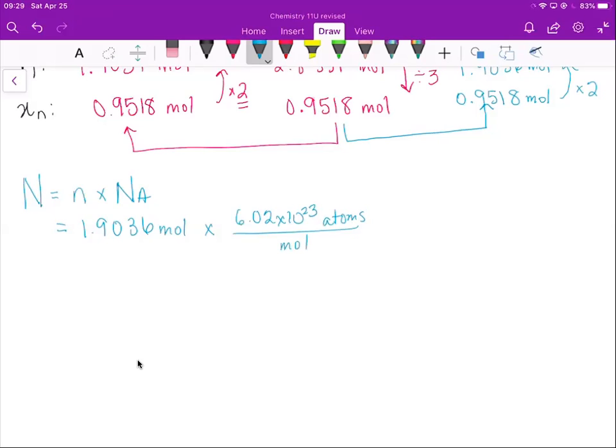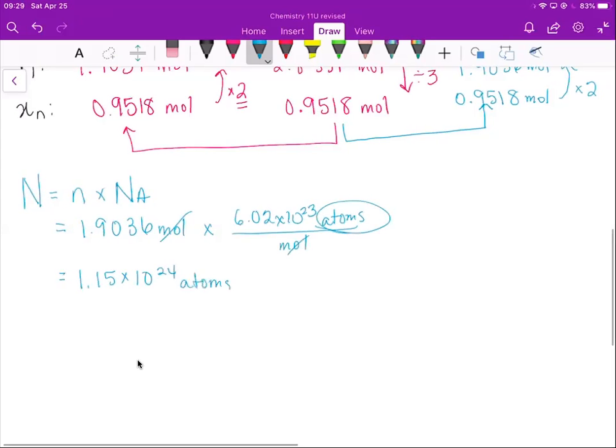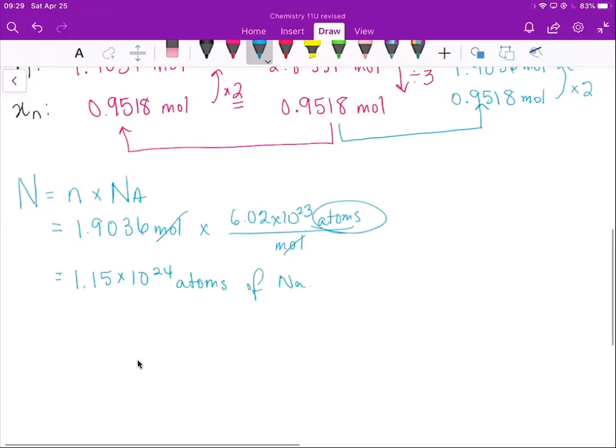I'm doing atoms per mole because that's the unit for Avogadro's number in this case. And I love unit conversion, which is you get rid of the units. And so now I can cross out, I know for certain that I'm calculating the number of atoms. 1.15 times 10 to the 24 atoms of sodium.